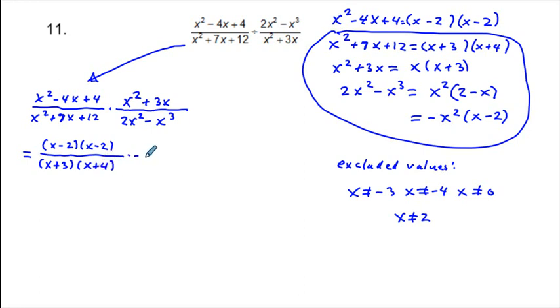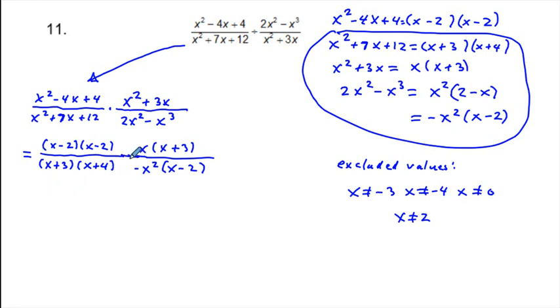And we multiply that by the factored form of x squared plus 3x, which is going to be x times quantity x plus 3. And our factored form of our denominator here, which is going to be negative x squared times quantity x minus 2. And then we cancel out everything we can.